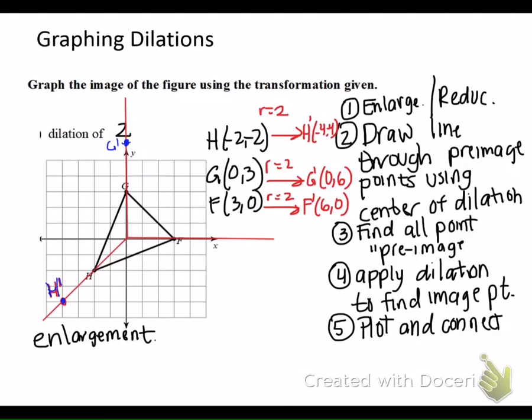G prime. 1, 2, 3, 4, 5, 6 is going to be F prime. If we connect these, we are going to get our image. This is going to give me my image as it follows.